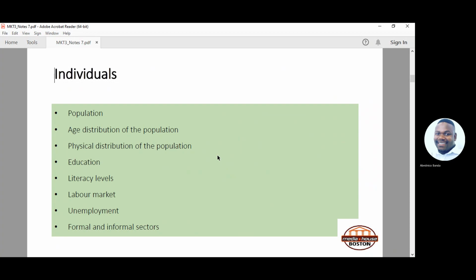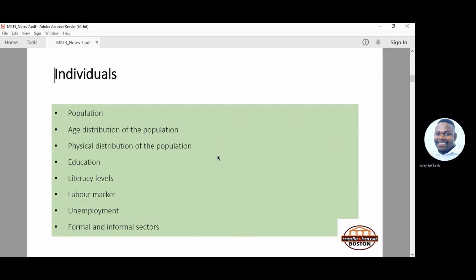Then you segment consumers based on the distribution.